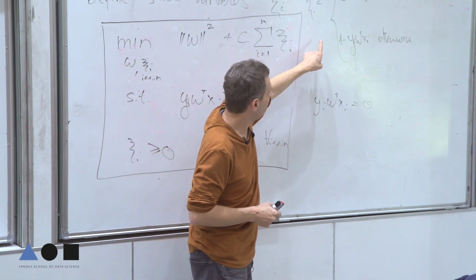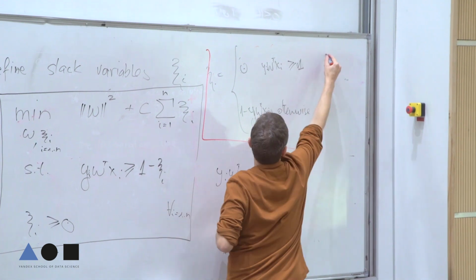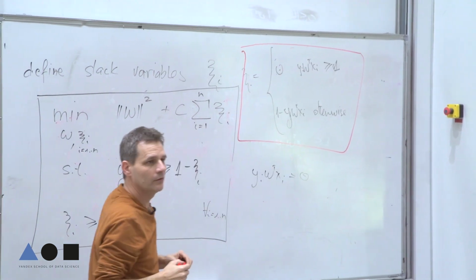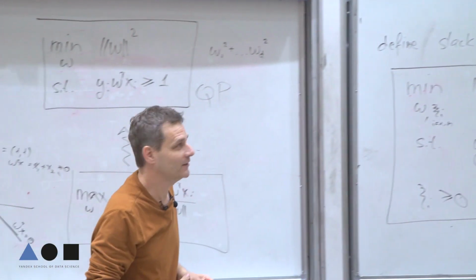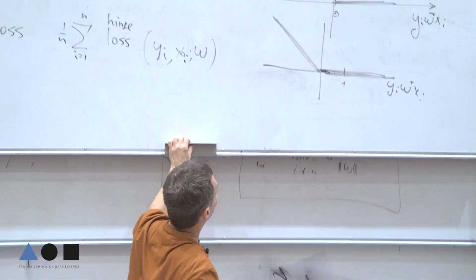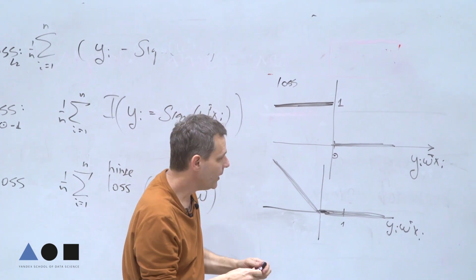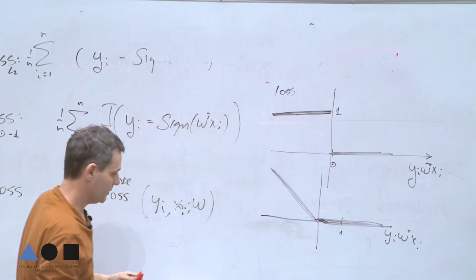So I think this form should look a bit familiar to you. Does it remind you of anything? It should have been there. I'll remind you how the hinge loss looks. The hinge loss, let's write it here.